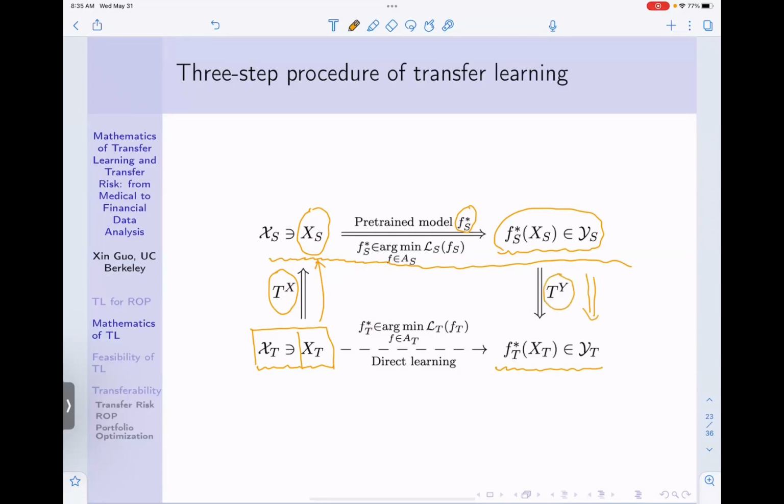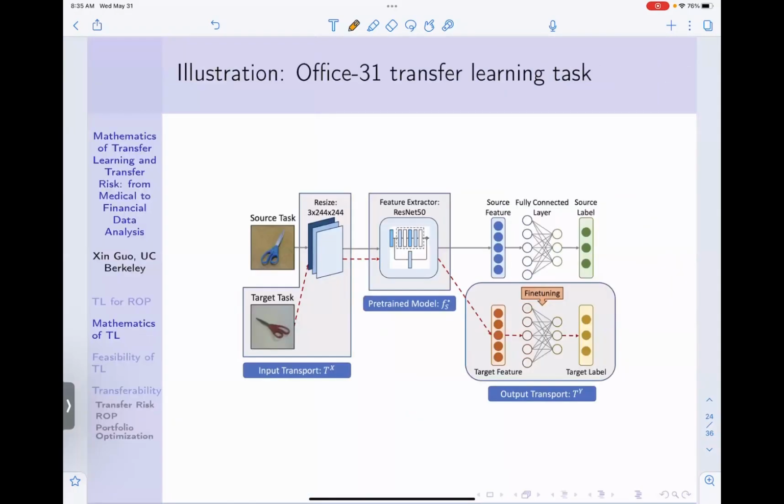This is called T_Y, what we call output mapping, which you have to go through to get the real output in the domain of your output space. So this is a very clear and very simple graph, but if you put this together, then you realize that this is transfer learning.